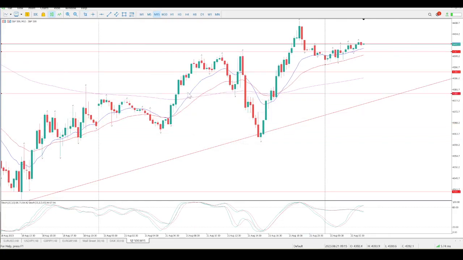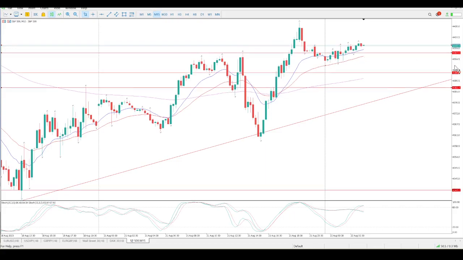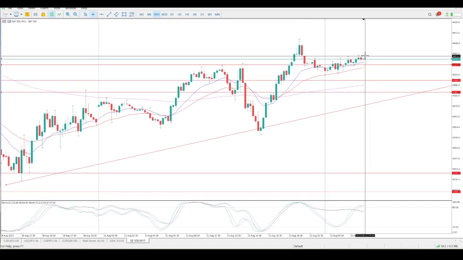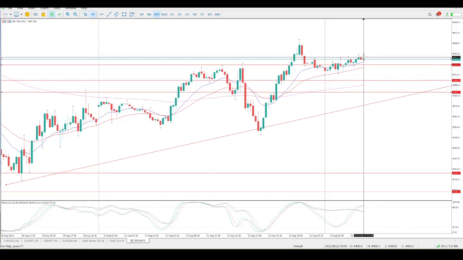I'm just going to use this level here. You do have a big rejection bar here, which does make sense. So I would be looking at 43.82 as an option, and then the other one is going to be 43.88, and then this swing high from yesterday at 43.97. So 4400 is obviously the next big round level, and that's where we are now.